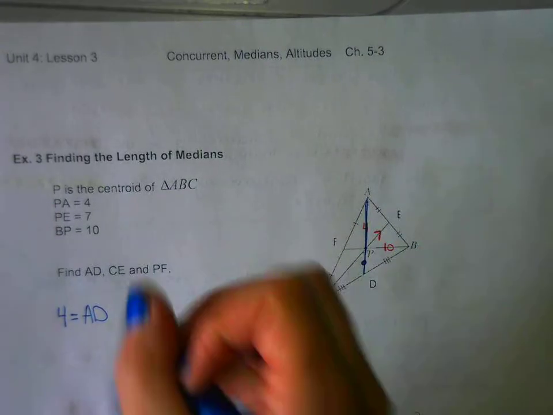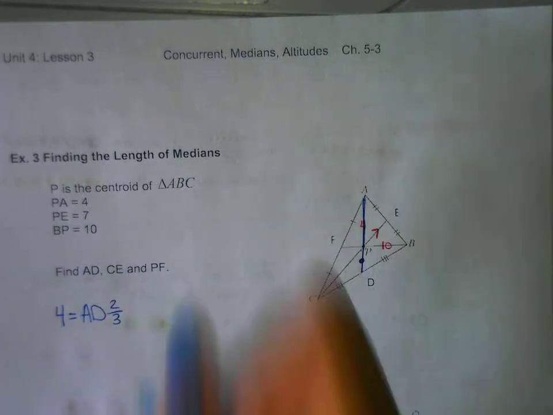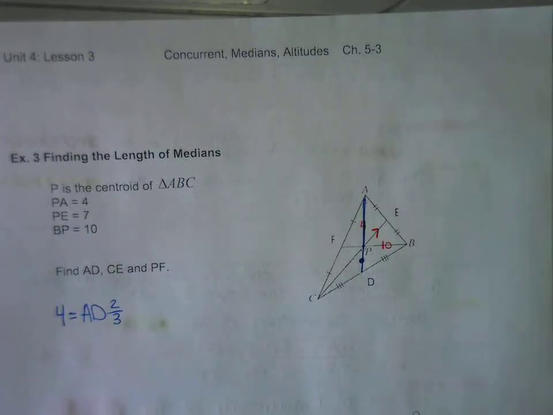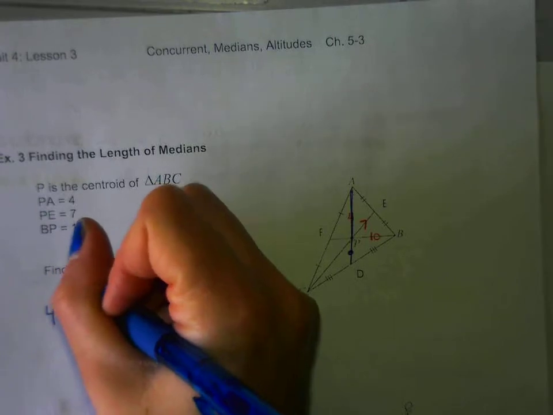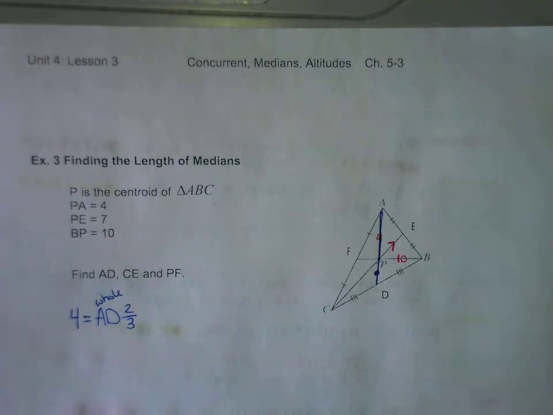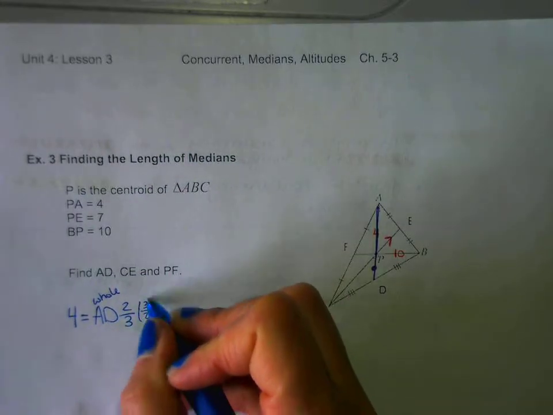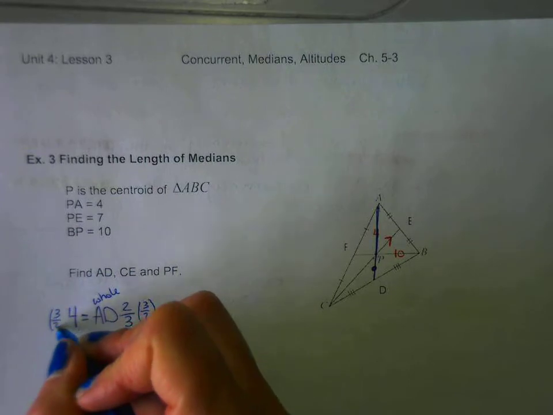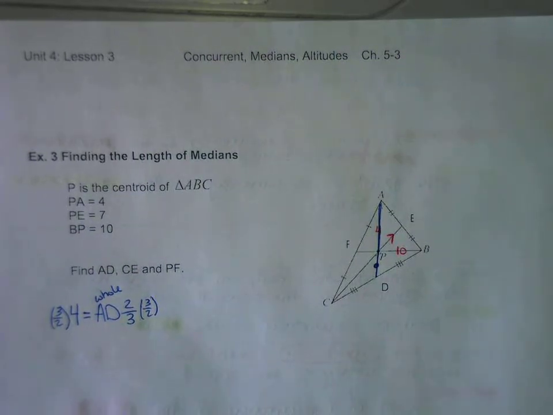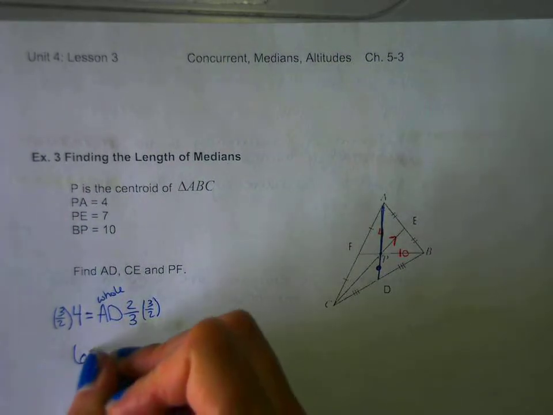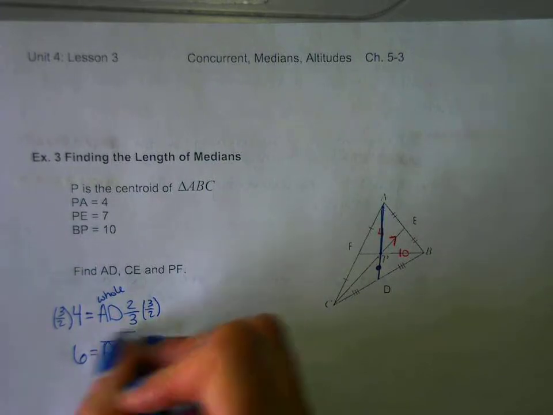So if I take the whole length and multiply by 2/3, I end up getting a 4. So what I'm going to do to both sides to solve this is multiply by the reciprocal, 3/2. So 4 times 3/2, I get 6. So the length from A to D is 6. So 4, this is 6, so that means this distance right here would be a 2.